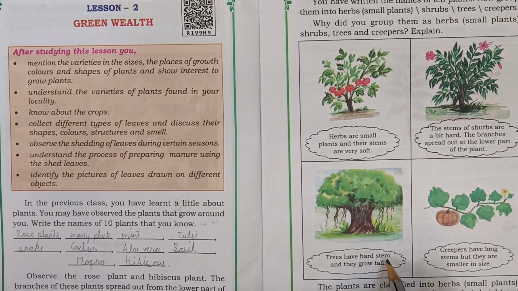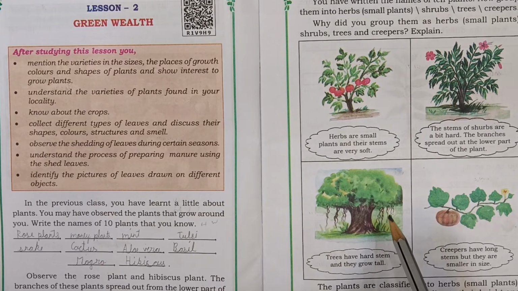Trees have hard stems and they grow tall. So these are trees, you know, no? Banyan tree, mango tree, papaya, neem tree. These all are tall trees and they have very strong stems.